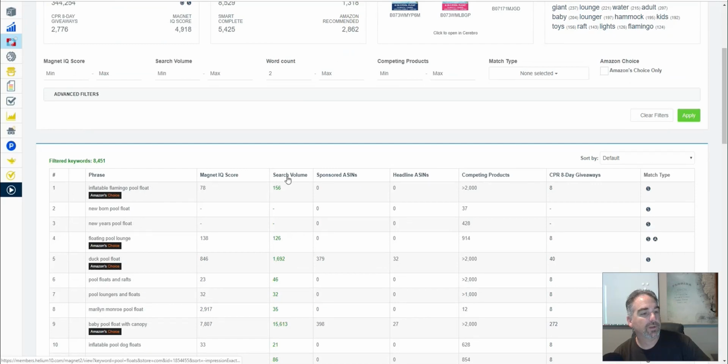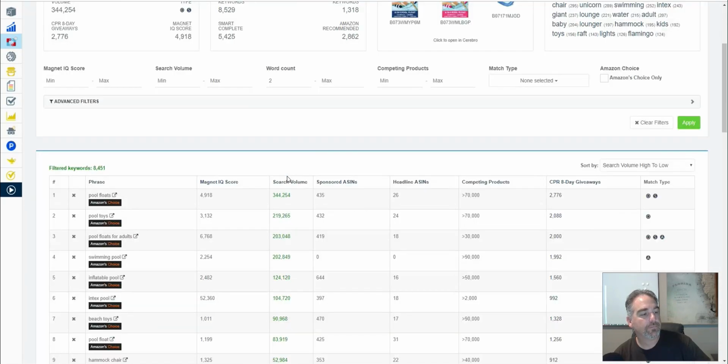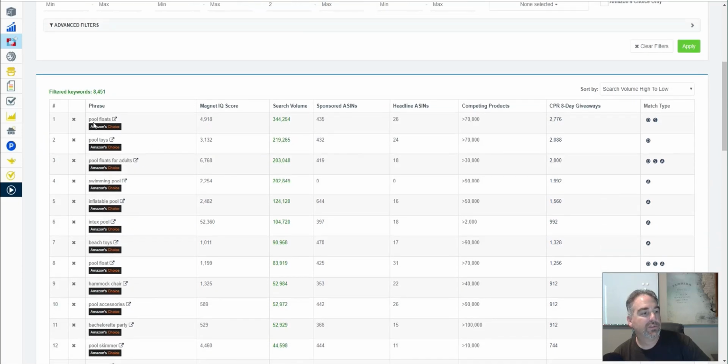And let's go by search volume. Okay. So as you can see, pool floats is your main keyword, and there is approximately 344,000 people a month searching for pool floats. So that is a massive keyword, right?